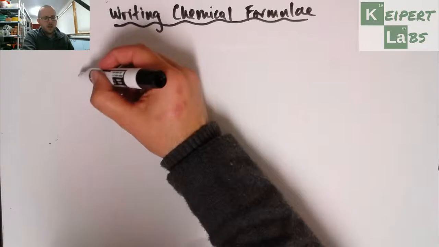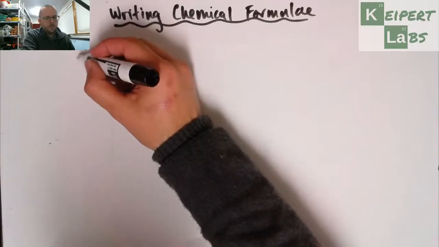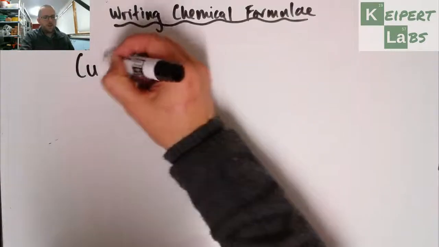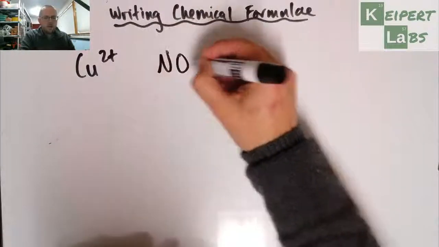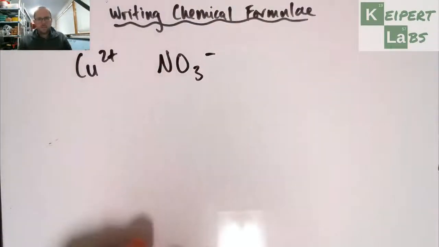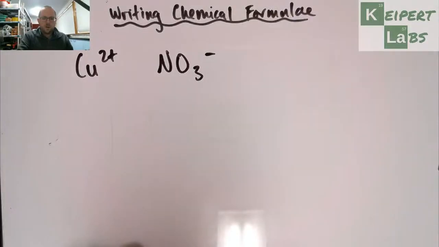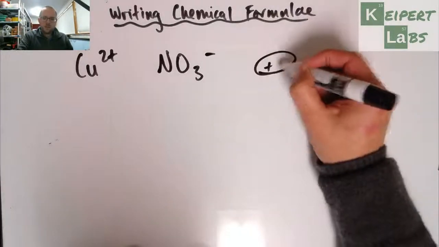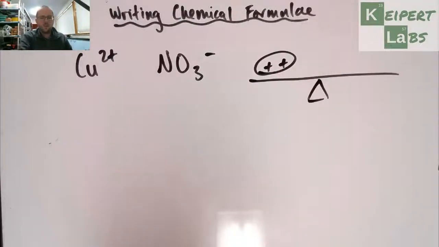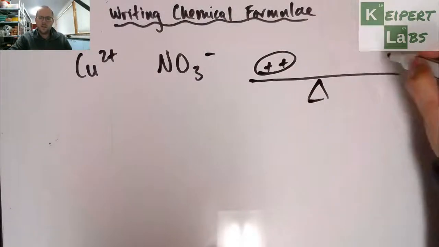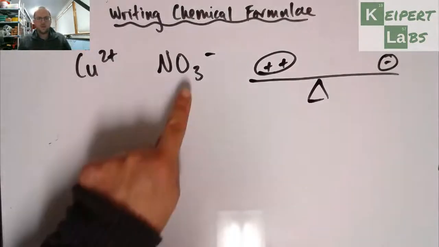So let's say I have an ionic compound that's formed from copper 2+ and the nitrate ion, which is 1-. Now I recognise that I've got one thing that has 2 pluses inside it, and this thing has a single minus.